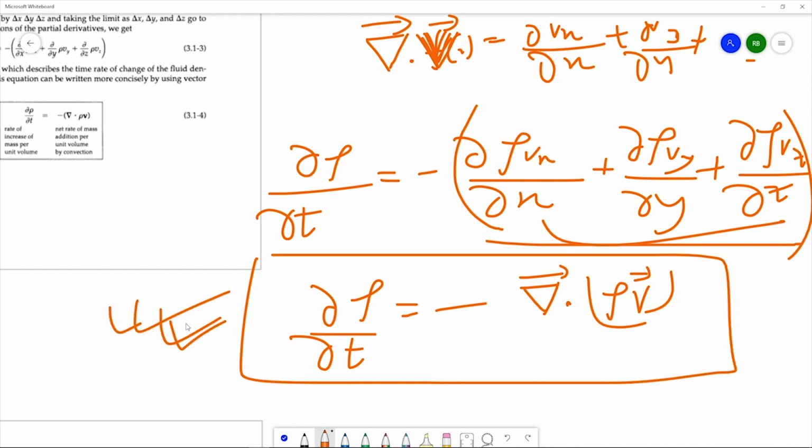This is your continuity equation. You might ask, why is density a function of time? It could have been 0, right? Actually, density can change with time or with distance. So density can be a function of x, y, z, and t.